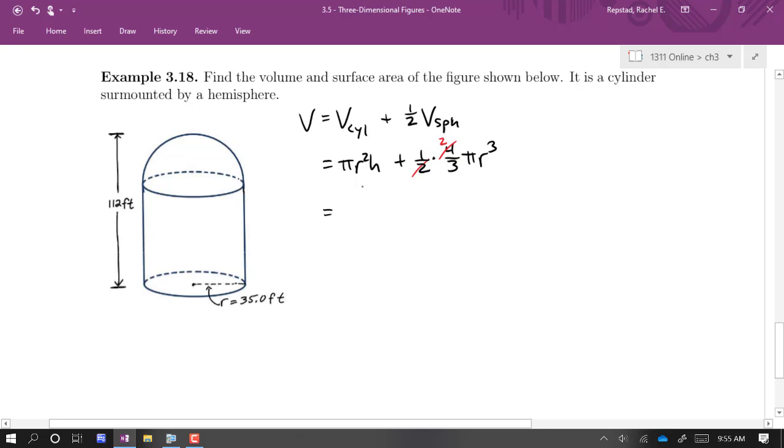So now let's start plugging things in. We know the radius is 35 feet. Times, now we need the height, but they gave us the total height from the bottom to the very top of the hemisphere. We need this height.